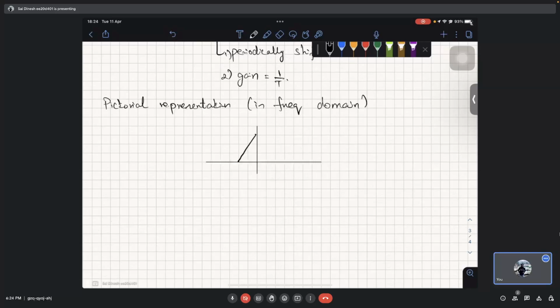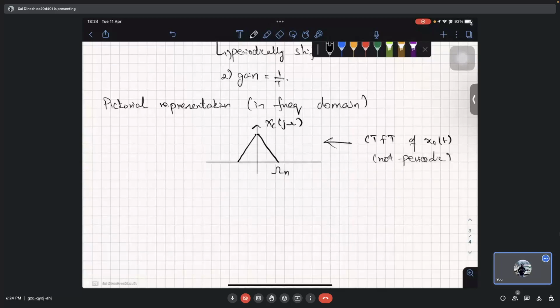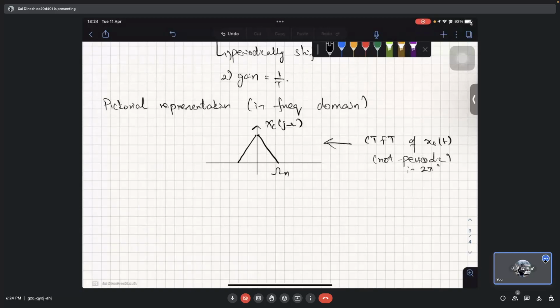Let's say we have omega n, which is Xc of j omega, the continuous time Fourier transform of xc of t, which means it is not periodic in 2 pi units. We know that the DTFT is periodic in 2 pi and the CTFT is not periodic in 2 pi. Here it is not periodic, right?